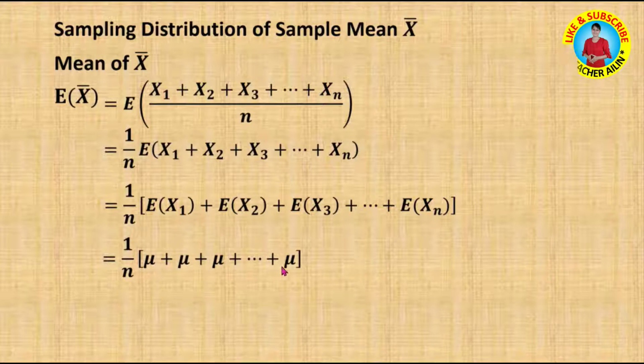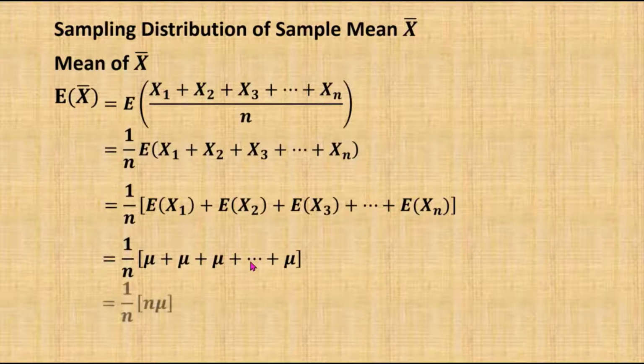So when I sum all together, the sample size is n, so altogether I have n mu. When I simplify, it is equal to mu. So here we find that the mean of the sample mean is the same as the mean of the population distribution.